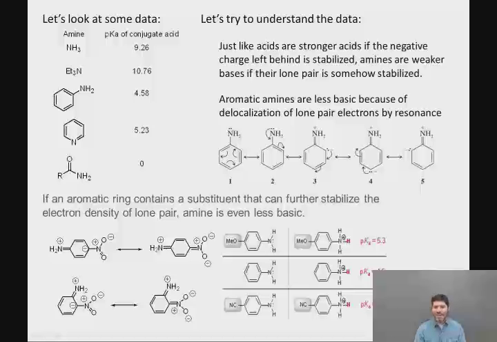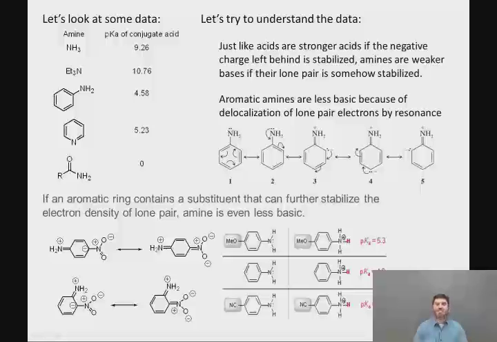So if you look at this data, aniline, of course, has a pKa of 4.6. If you put an electron withdrawing group onto the aniline, the pKa of the conjugate acid drops all the way to 1.7. That is a stronger conjugate acid, which means we have a weaker base.